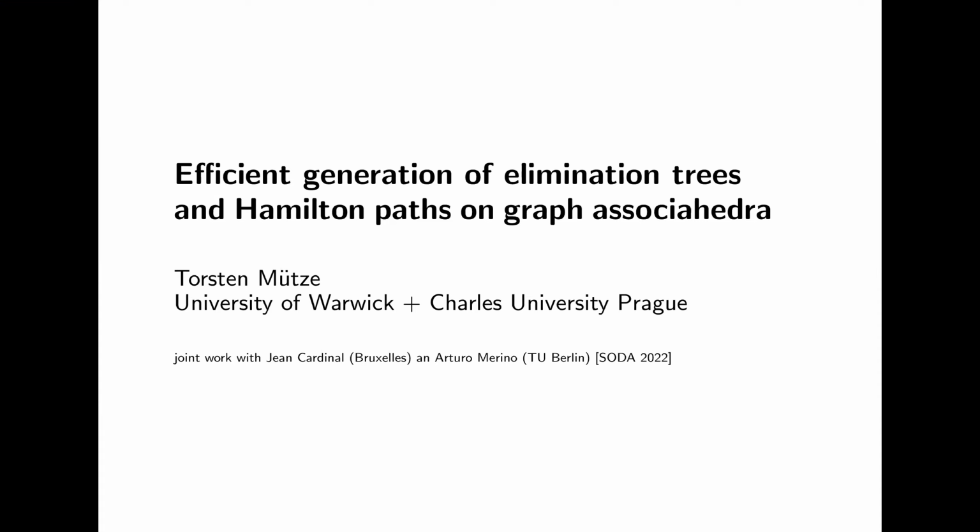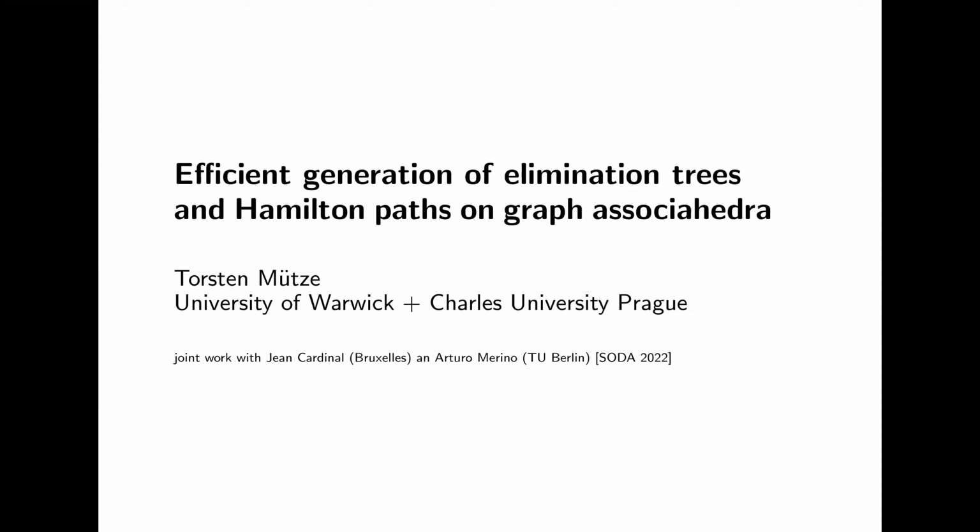Today our guest is Torsten Mütze from the University of Warwick and Charles University in Prague. Torsten got his PhD in 2011 at ETH Zurich, and since then he worked in supercomputing systems Zurich, then again at ETH, then Georgia Tech, TU Berlin, and now in Warwick and Prague.